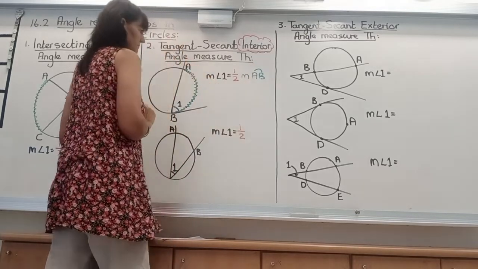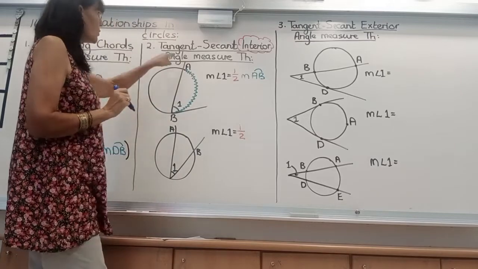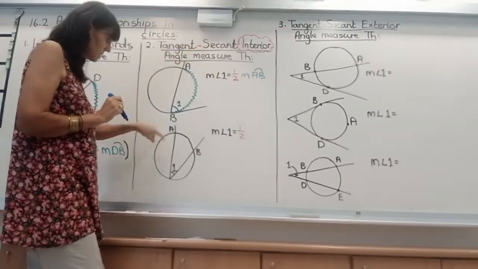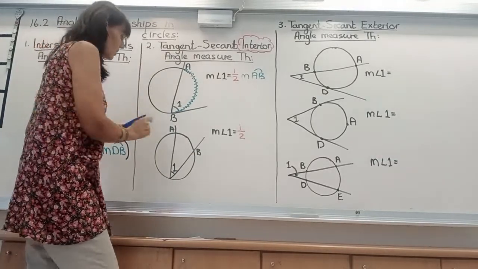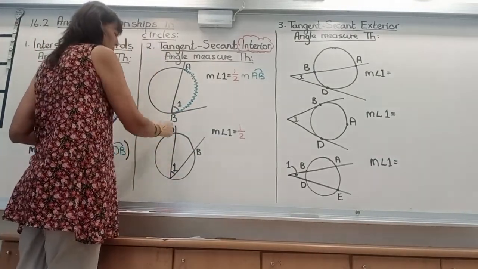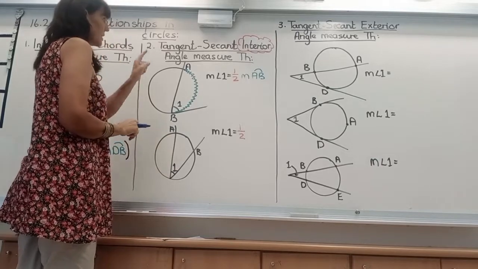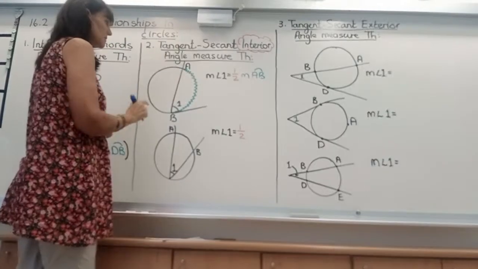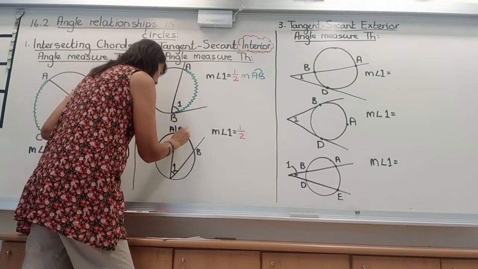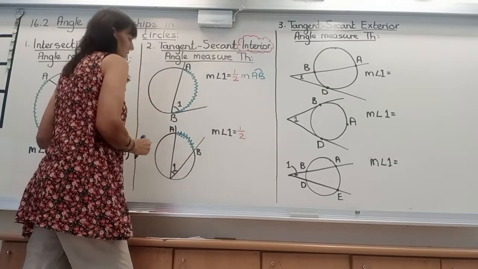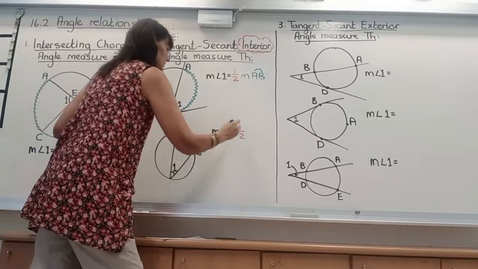There's my arc. Now here we don't have a tangent and a secant. It's a secant and a secant. But you can still call it tangent secant because we have the interior. But if you call it secant, interior angle measurement, that's also okay. And I must get half of the arc measurement AB.